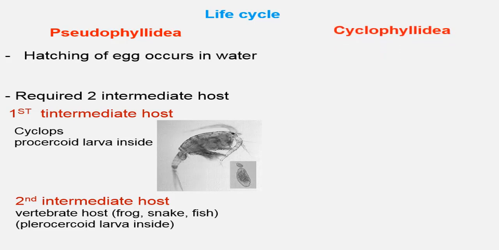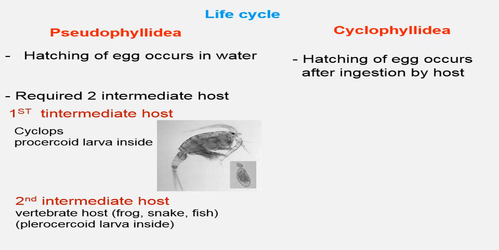While in Cyclophyllidea, hatching of the egg occurs after ingestion by the host and requires only one intermediate host.